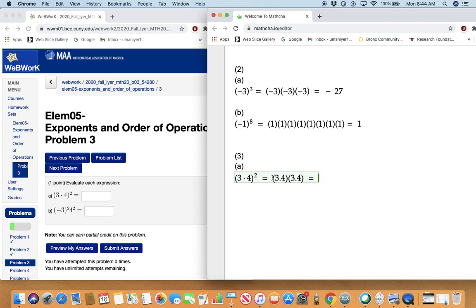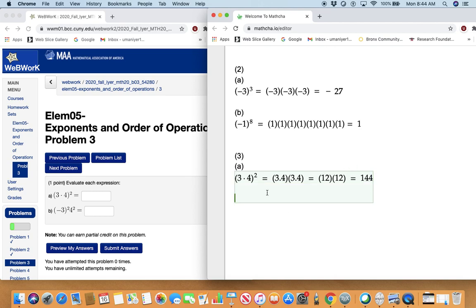Parentheses first. 3 times 4 is 12, then you're multiplying 12 to another 12. By the way, I went through it one way, there are other ways. Let's complete this. 12 times 12 is 144.